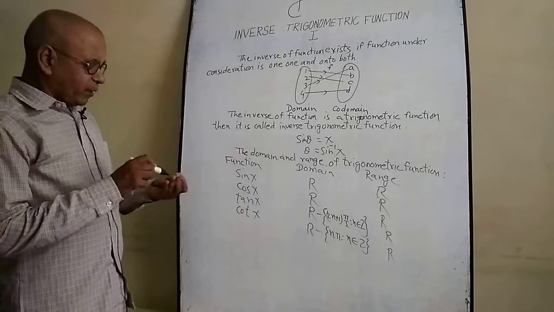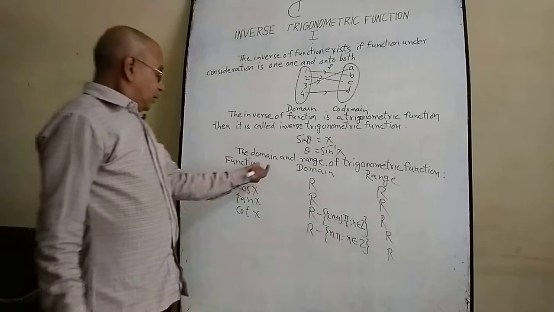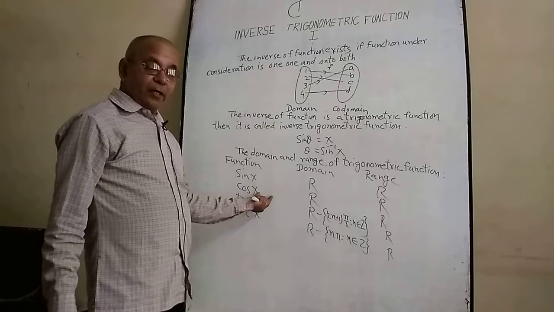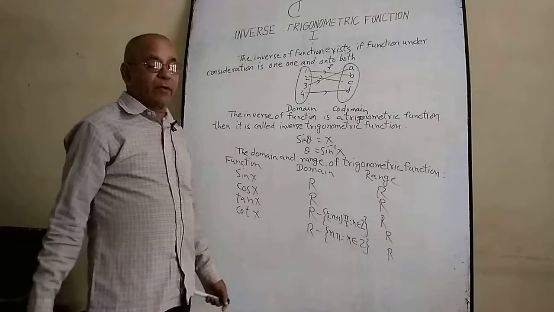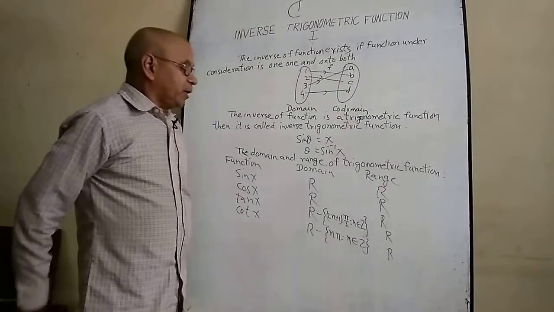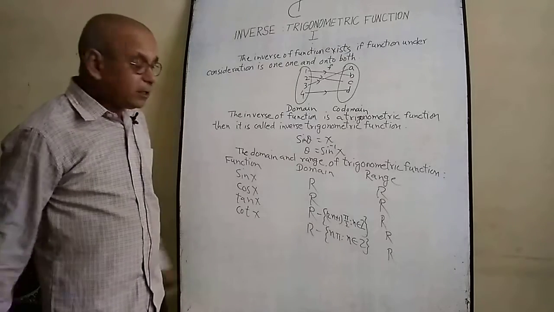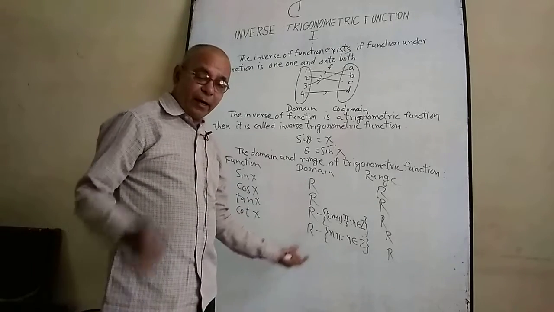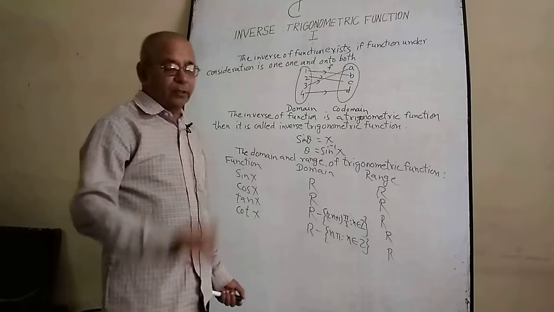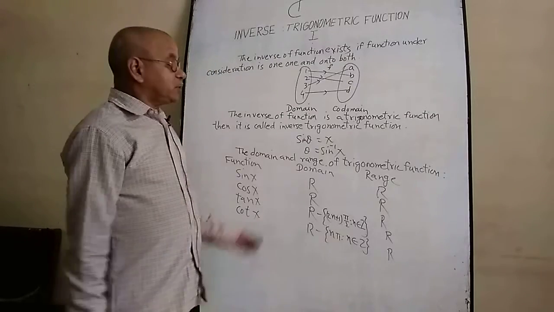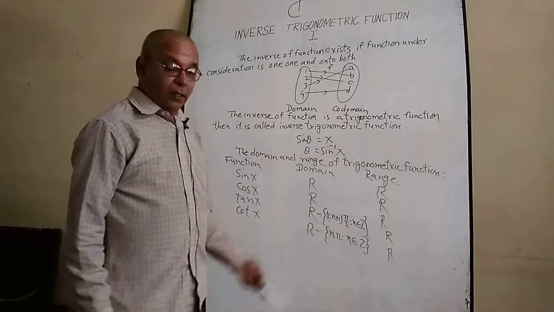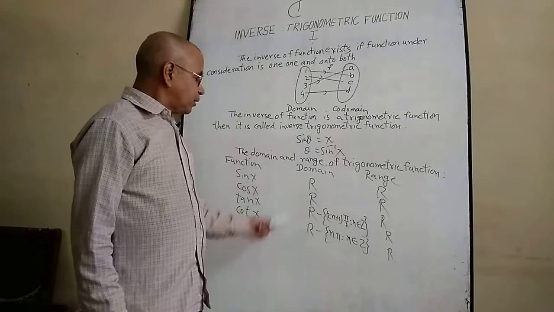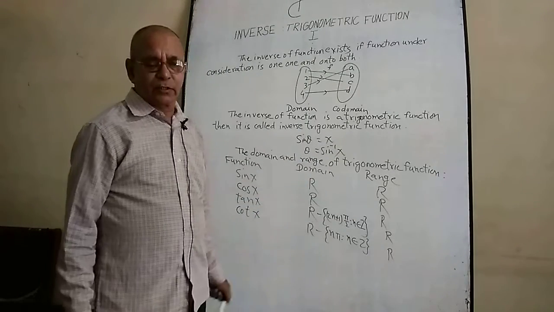But what is the difference between inverse functions, inverse trigonometric functions and trigonometric functions? Here 1-1 and onto properties are very important for inverse trigonometric functions. What is this about trigonometric functions?